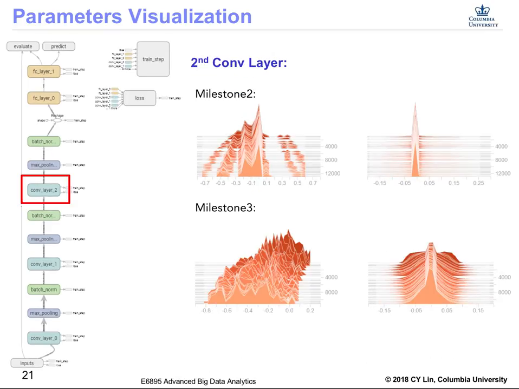Compared with the model parameters in milestone 2, the trend of the parameters is obviously different. We pick one convolution layer. In the figure above, the parameters in this layer are mainly distributed in a small range, which means the weights are similar.